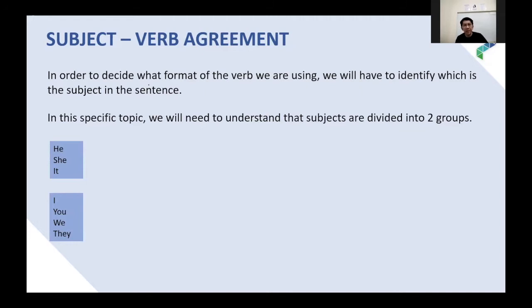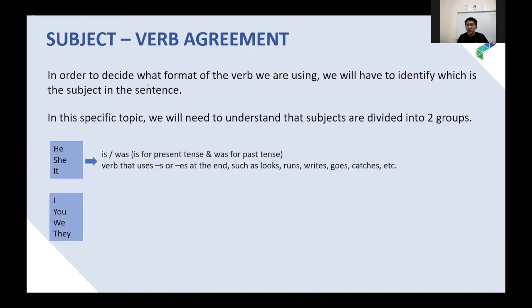So we have he, she, it. In this case, we use is or was for those three. For he, she, and it, we will have to use either is or was. We use is for present tense, and we use was for past tense.